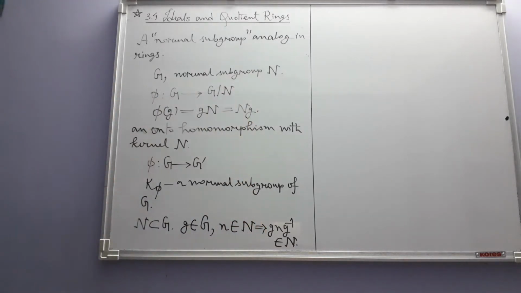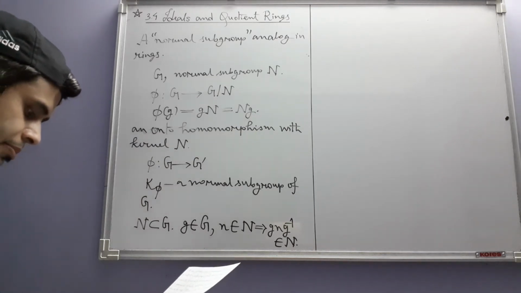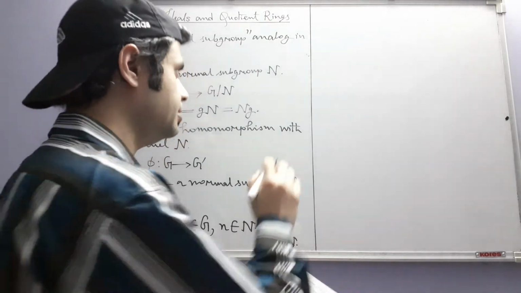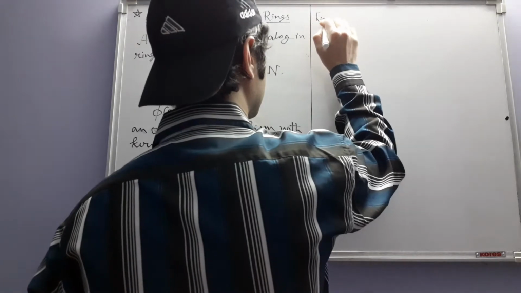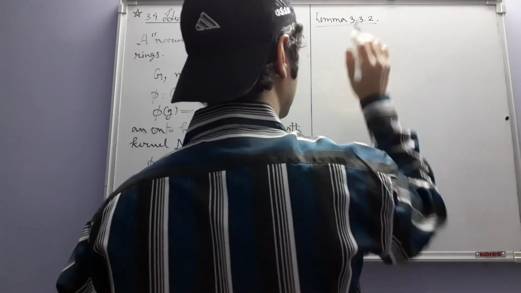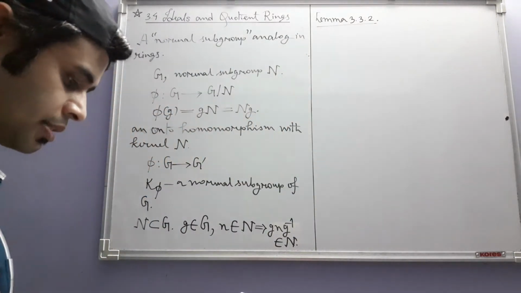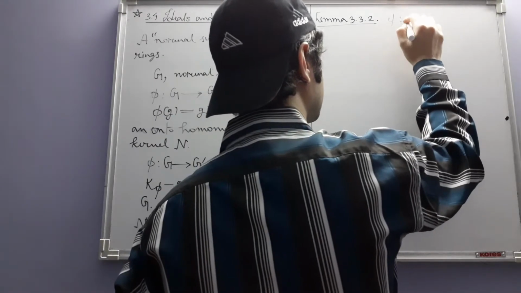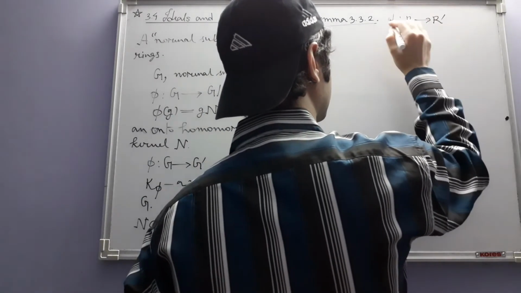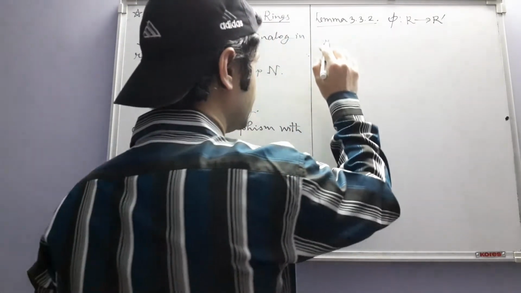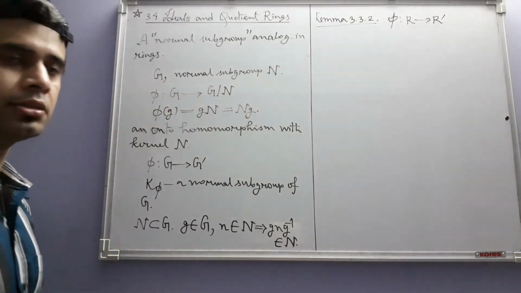So we can take our cue from one of the results that we have proved in the previous videos, this lemma 3.3.2. What this lemma basically said is this: if we have two rings R and R prime, and phi is a ring homomorphism, then its kernel has two properties.